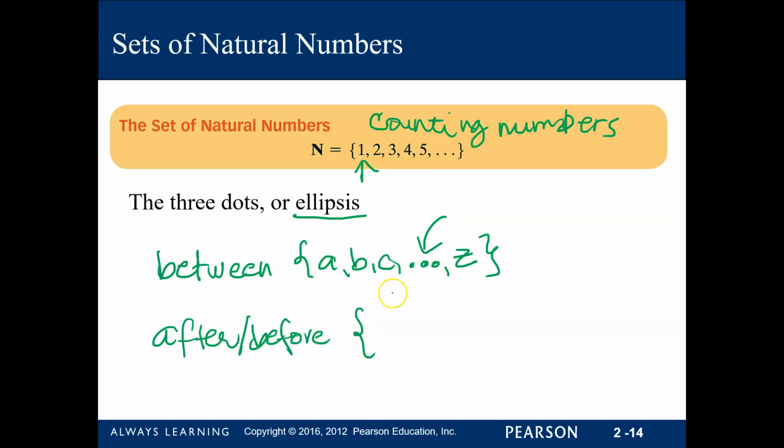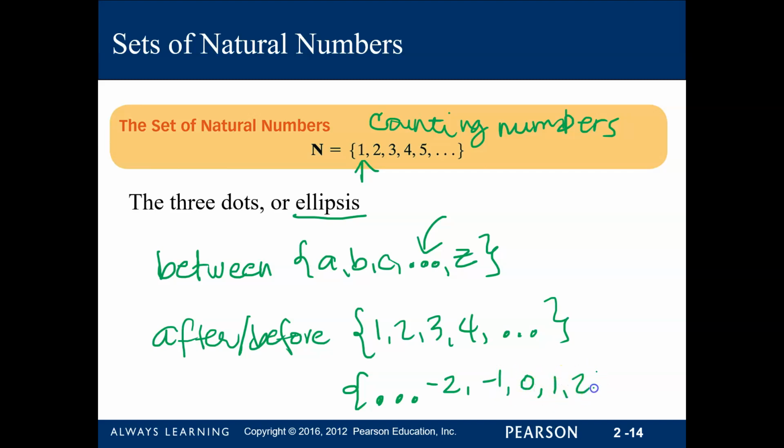For example, here you have 1, 2, 3, 4, ellipsis. It means that we know that this is not going to end. It's going to continue for a long, long time. It's going to be a long list of elements. Sometimes, if we're talking about integers, it could be like this: you have your ellipsis, let's say -2, -1, 0, 1, 2, and then ellipsis again.